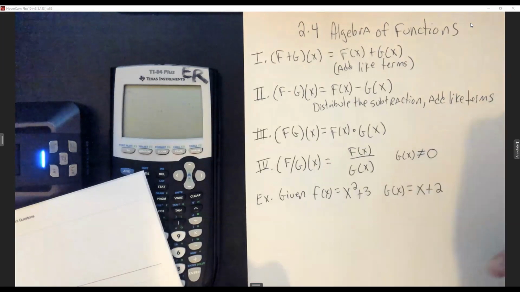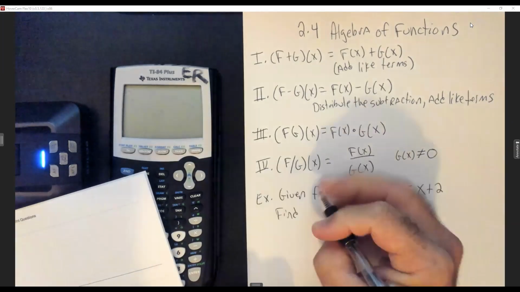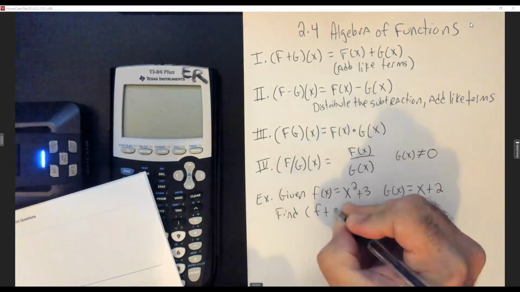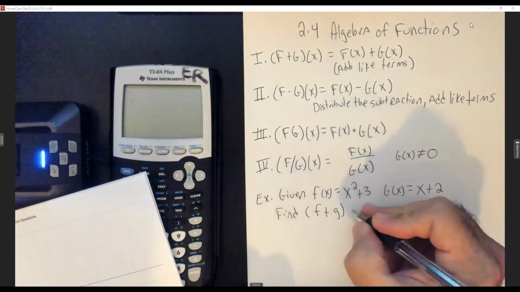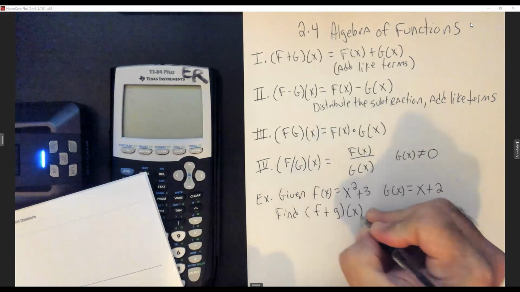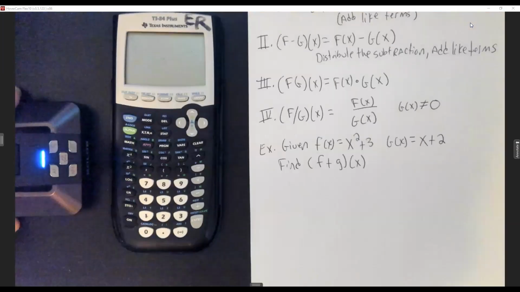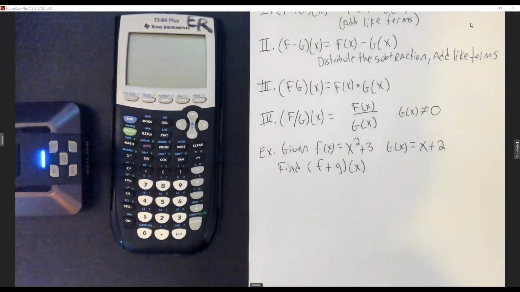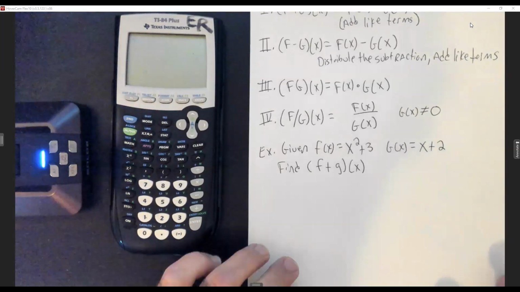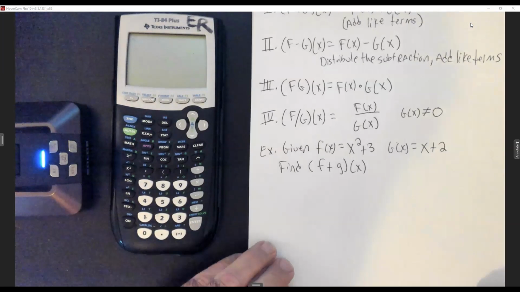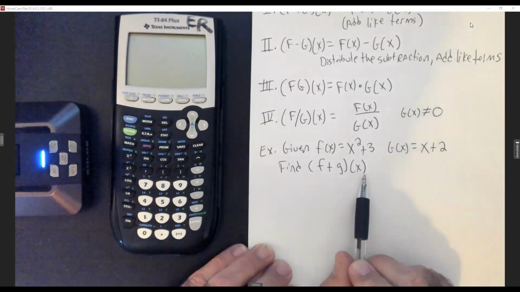They want us to find f plus g of x. When they give us a problem like this, they're not giving me any numbers to put in, so all I can do is add the like terms, okay? I'm not going to be able to simplify because I don't know any numbers for the x they're giving us.